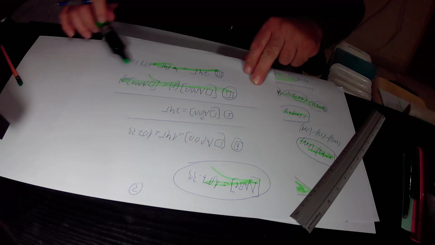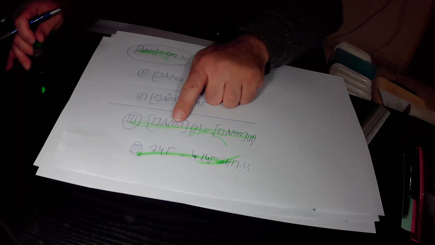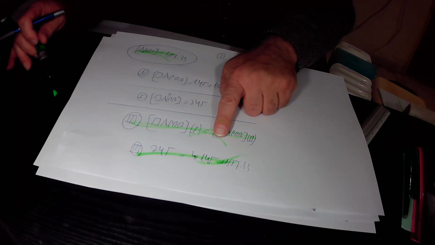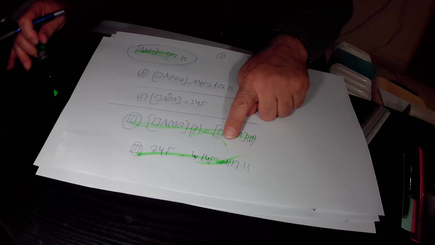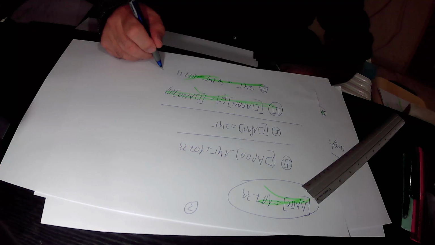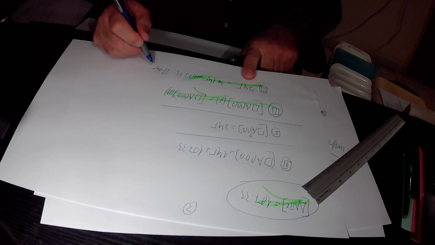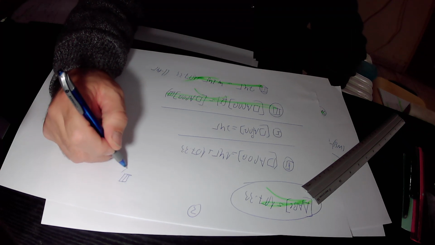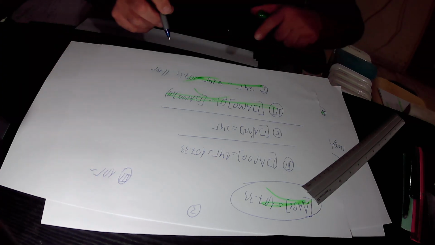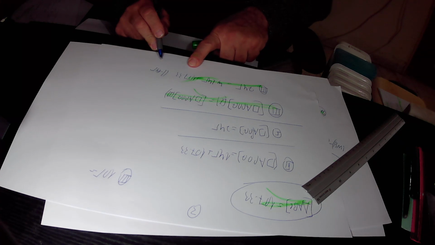So in total, according to equation 3, 24R equals 14R plus 107.33. Here we subtract 14R from this equation. According to equation 3, 24R minus 14R is 10R, equals 14R minus 14R, which is 0. So we are left only with 107.33 on this side of the equation.